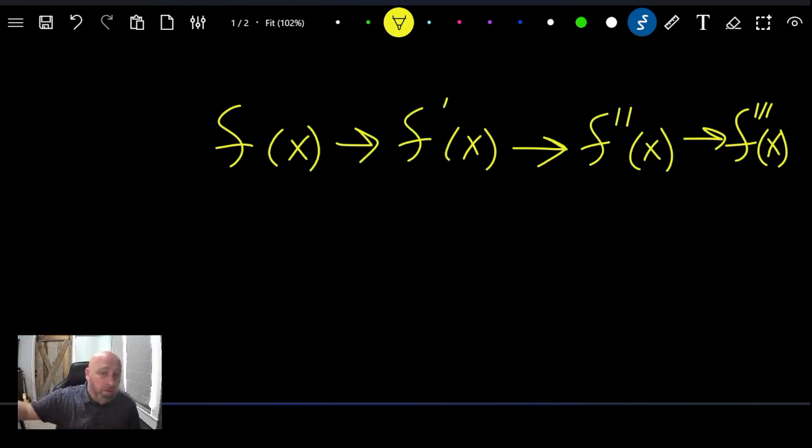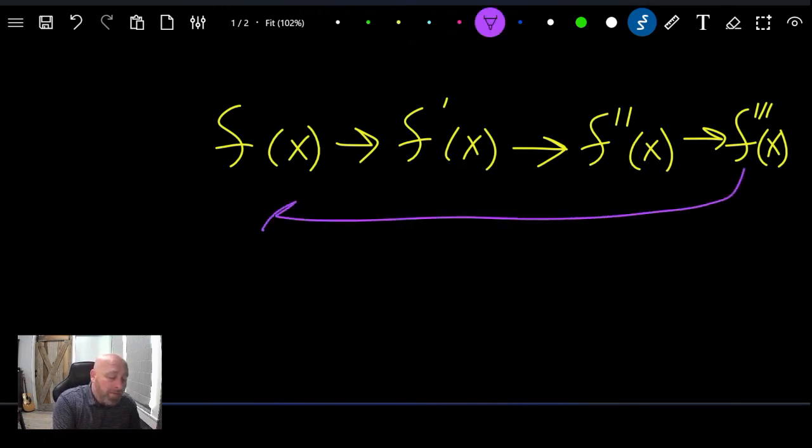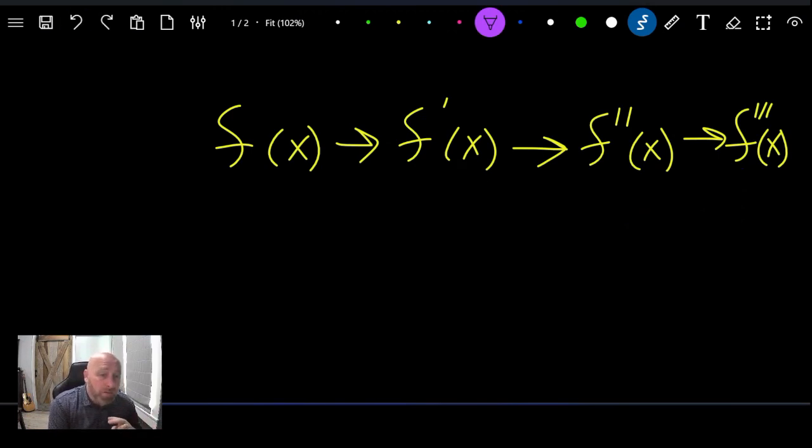We're going from left to right. You can also go back this way, and we'll be learning about that in a couple lessons, but for right now, we're going from left to right on this chart.